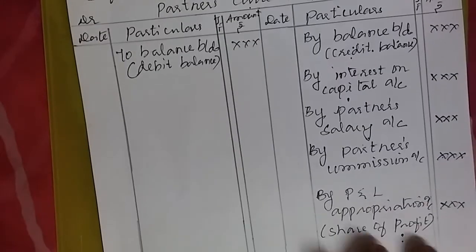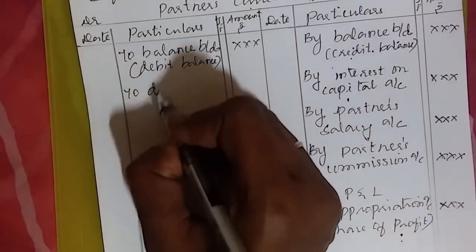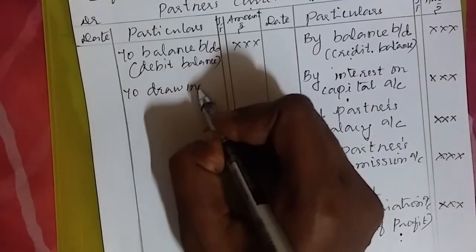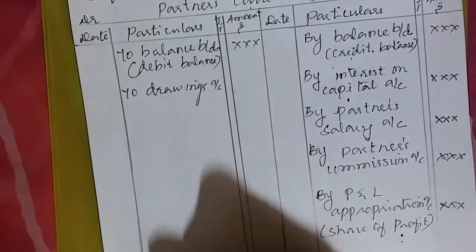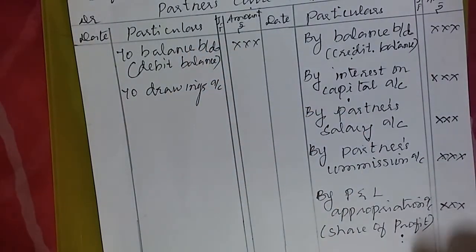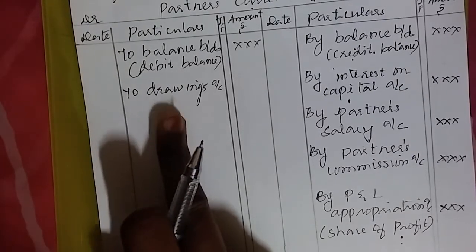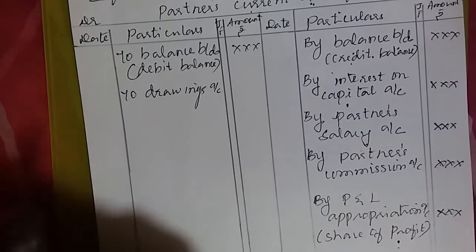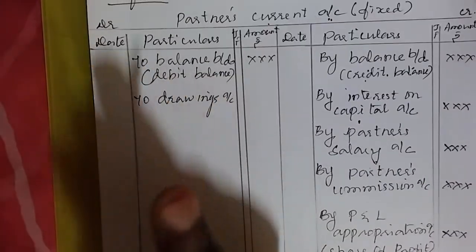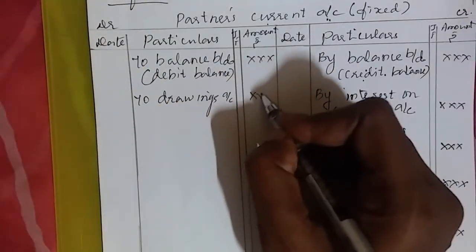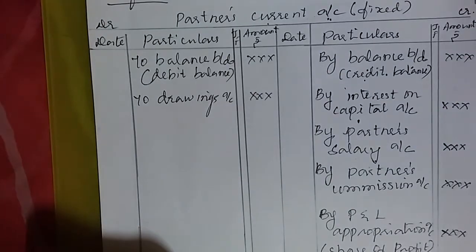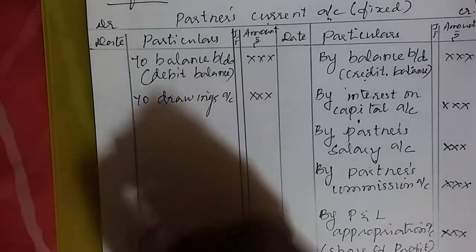Clear? Yes. And next one is drawings. Already one drawings, withdrawal on capital, we entered in partner's capital account. This is drawings against profit. We have to show these drawings in partner's current account. Drawing is a debit balance, so we write it on the debit side.